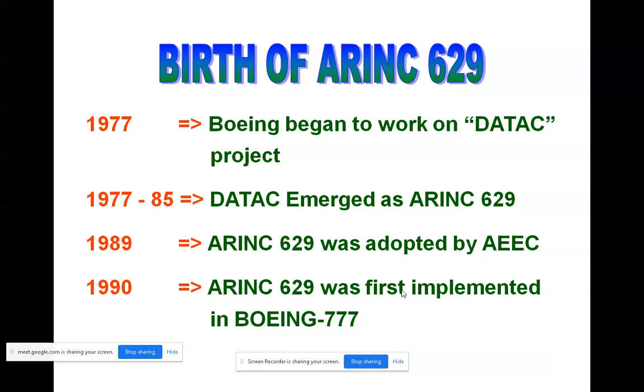In the early stage the name of this standard was Data C, but after the year 1985 they named it ARINC 629. In the year 1989, ARINC 629 was adopted by AEC, and in the year 1990 this standard was implemented in the Boeing 777 aircraft.